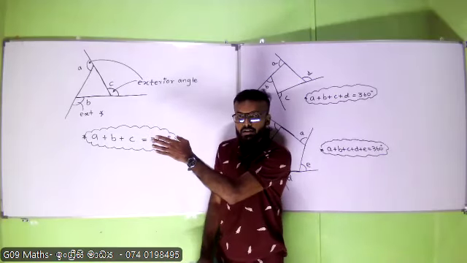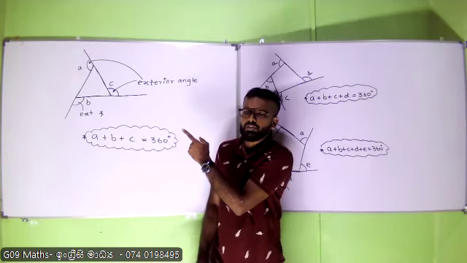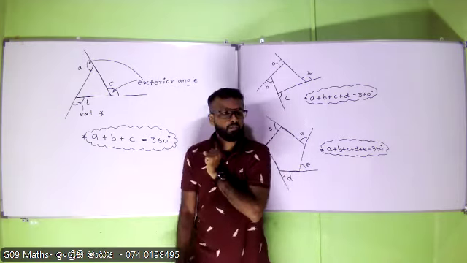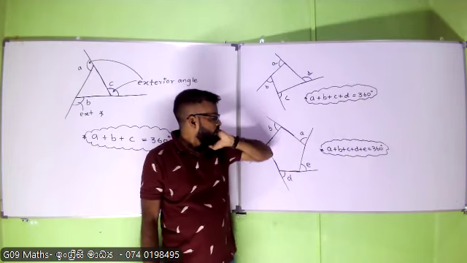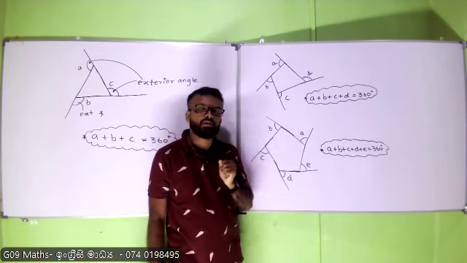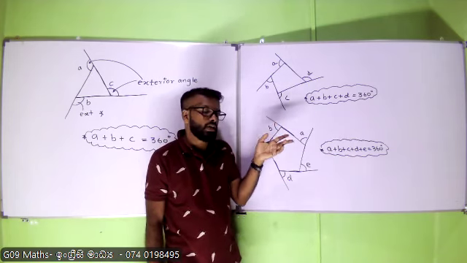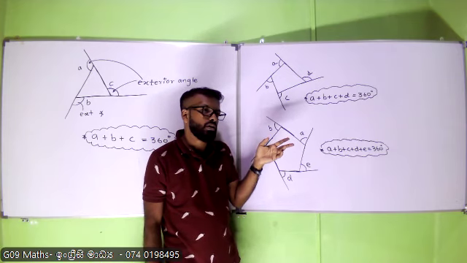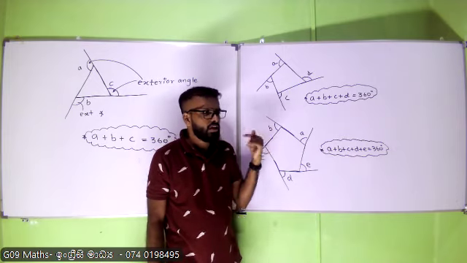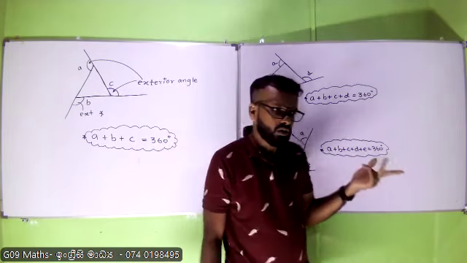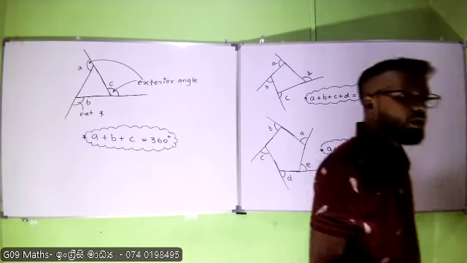For a triangle the summation of exterior angles is 360. Quadrilateral 360. Pentagon 360. Always 360. For a hexagon it should be 360. Heptagon 360. Octagon 360. So on and so forth. So you need to remember it.